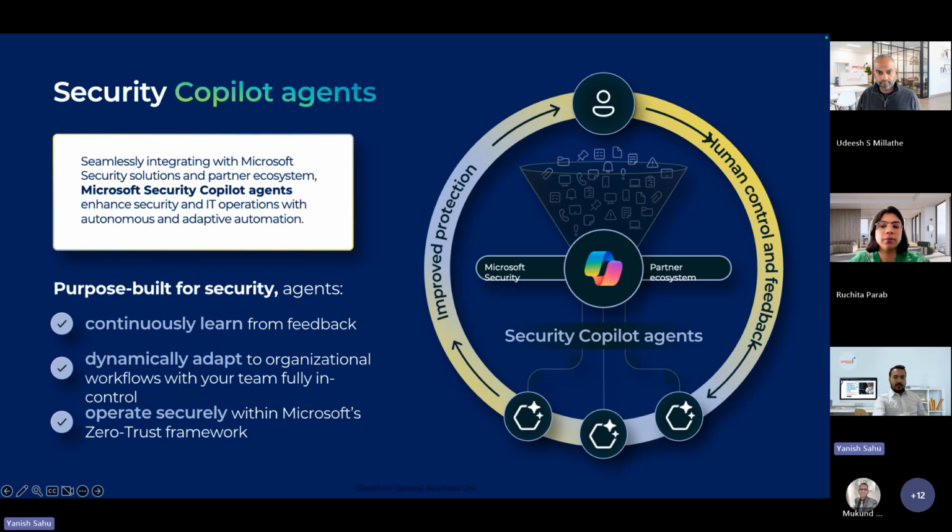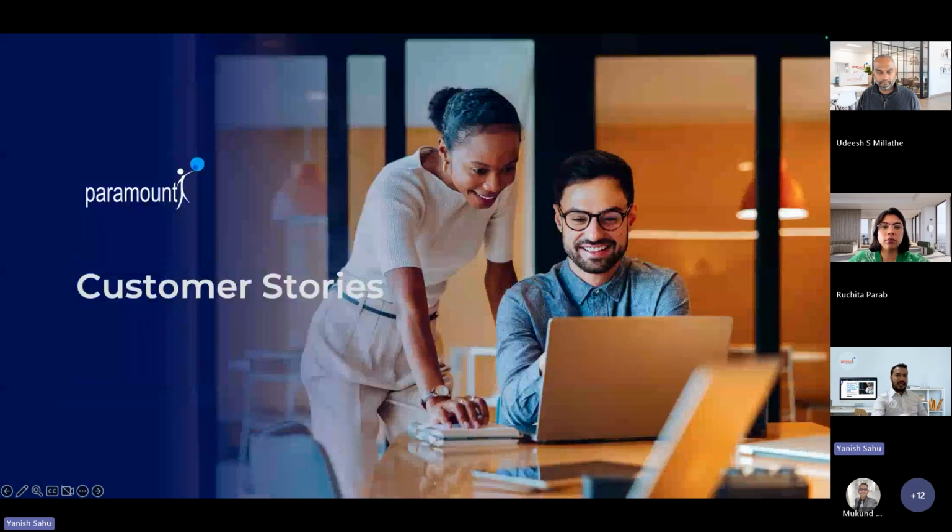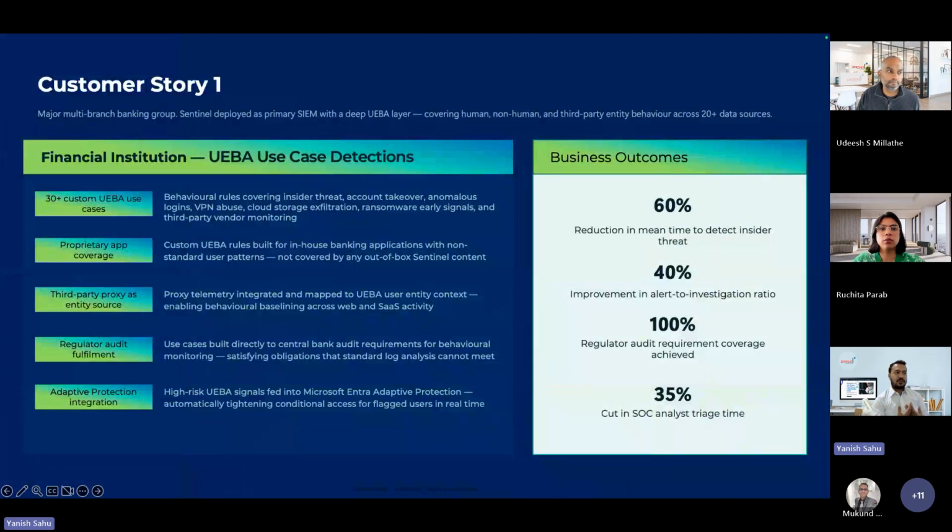Now, there are a few customer stories that I wanted to highlight, which have been really valuable for us in the recent past. Of course, when you deploy a SIEM solution, you'll have your core set of dependencies or a core set of detections or use cases being met. So there were two specific stories that we were able to add a lot of value to the customers.